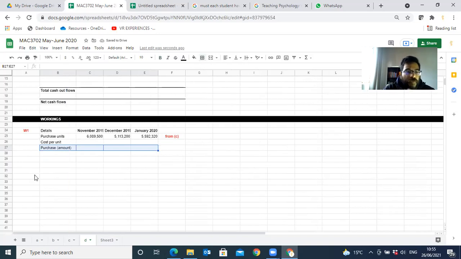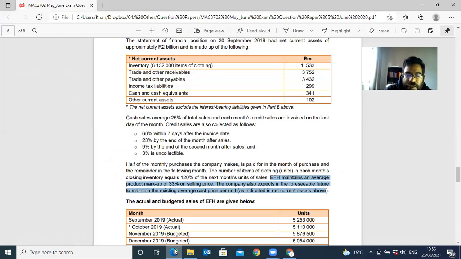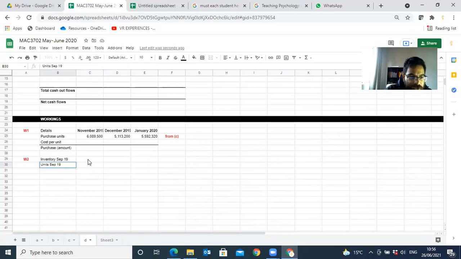Now, the cost per unit, just to show you, I'm going to do it like this, working two. Inventory September 19, units September 19. So inventory is 1533, and they said it's in rand million, so I multiply by a million.